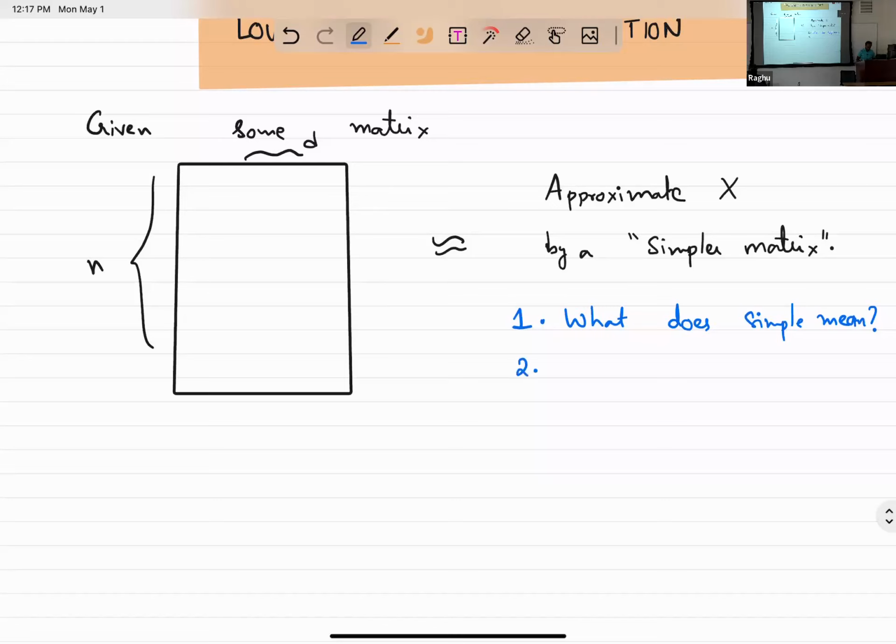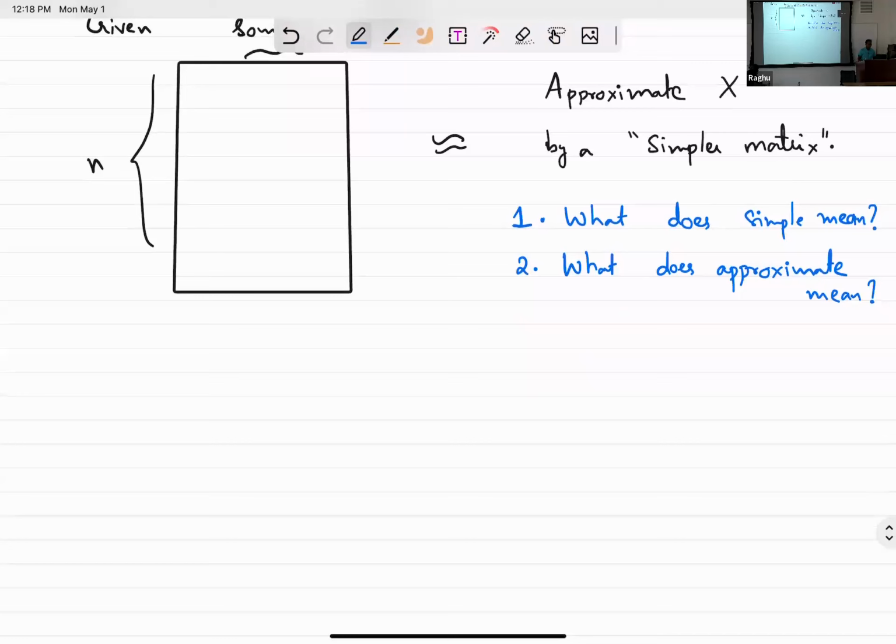And then, what's another question you have to answer first to make this quantitative and precise? Any suggestions? Exactly, you have to decide what approximate means. You have to decide what space of matrices you're going to look for, what is a good score, and so on.